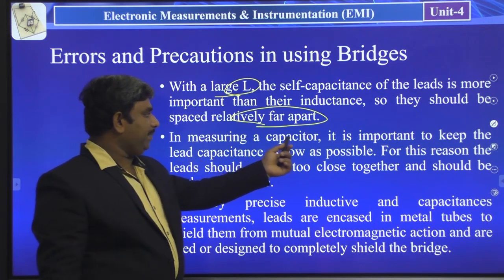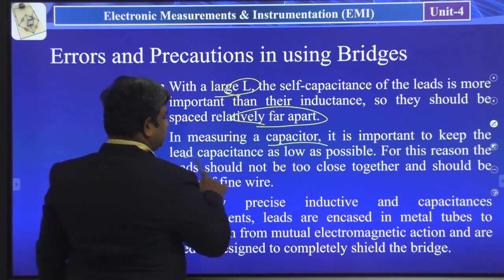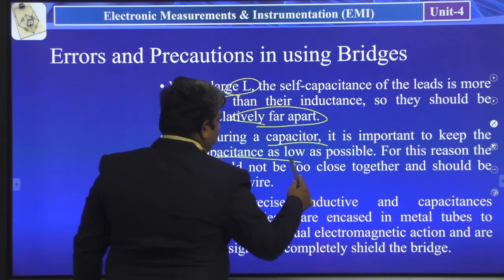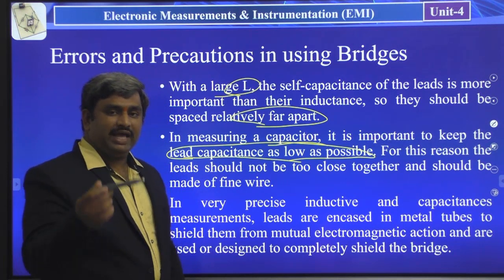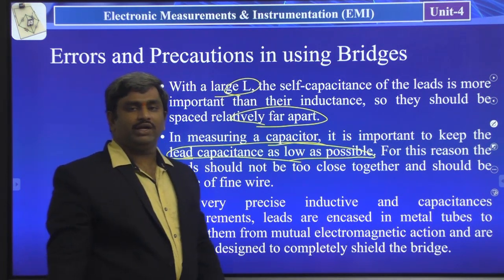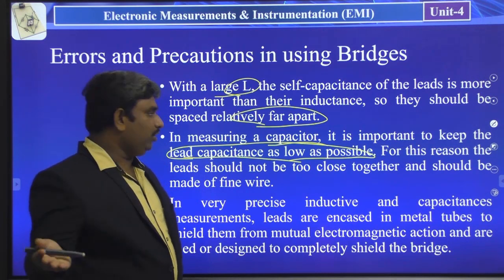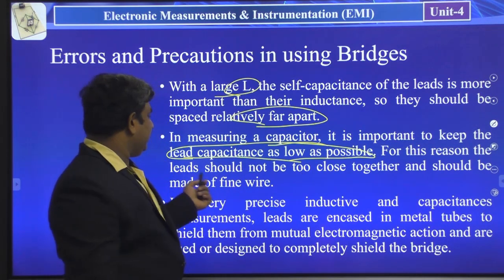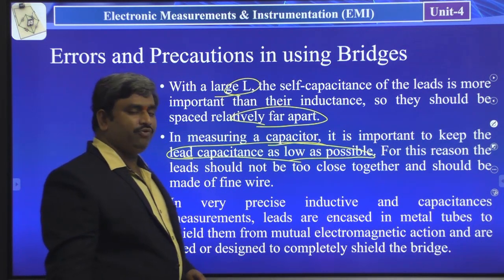In measuring a capacitor, it is important to keep the lead capacitances as low as possible. When you are measuring capacitance values, the lead or contact capacitance has to be made very, very low. For this reason, the leads should not be too close together and should be made of fine wires.